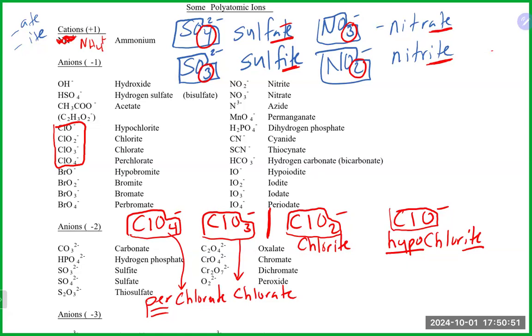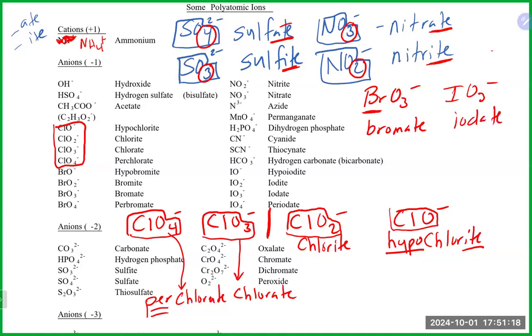You could substitute out the chlorine for any of the halogens in group 7, and they're named the same way. This is BrO3-, and that is not chlorate, that will become bromate. If you put an I in there, IO3-, it's not going to be bromate anymore, it's going to be iodate.